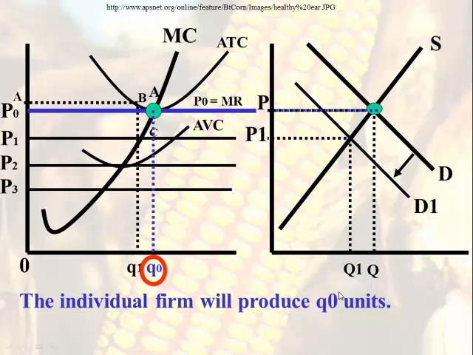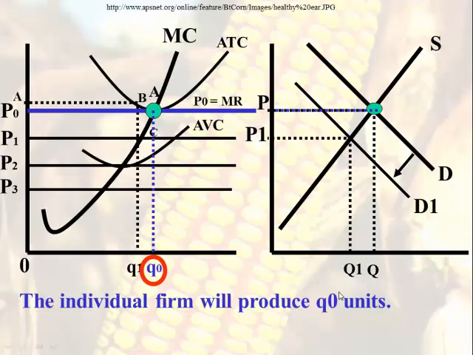If point A is the same dollar amount as P, then the total cost is 0, P0, A, Q0, and the firm is earning an economic profit equal to 0. That doesn't mean they're losing money. From our previous discussion, you know they're not losing any money.